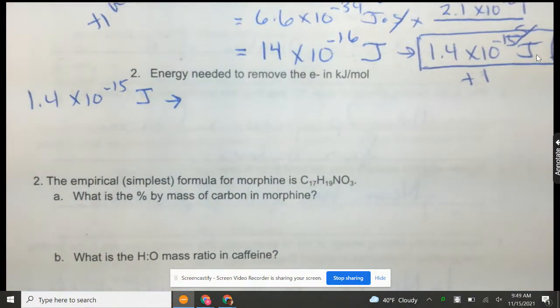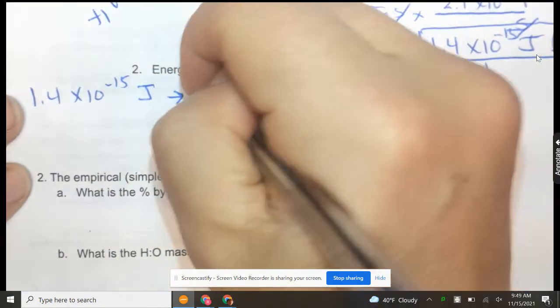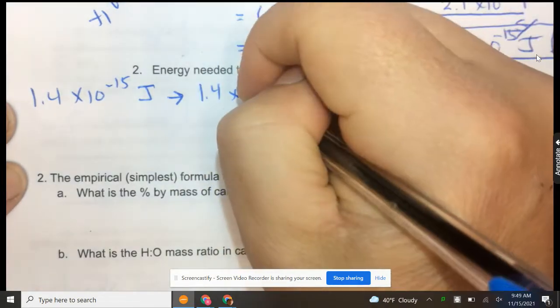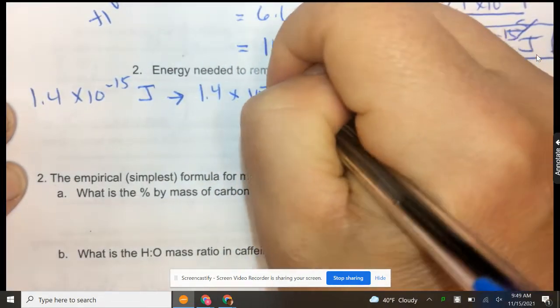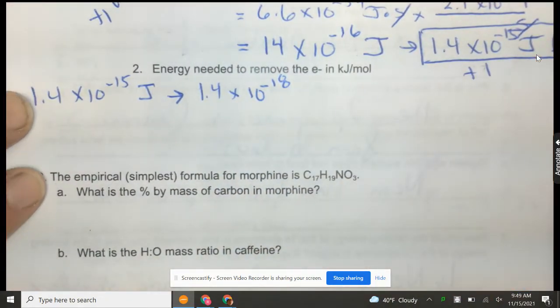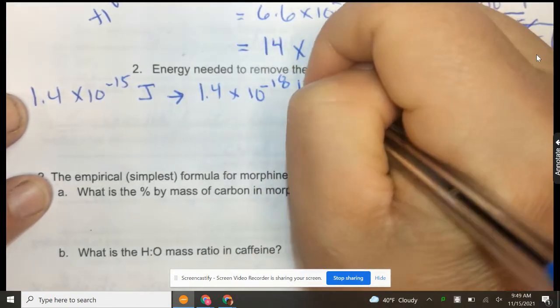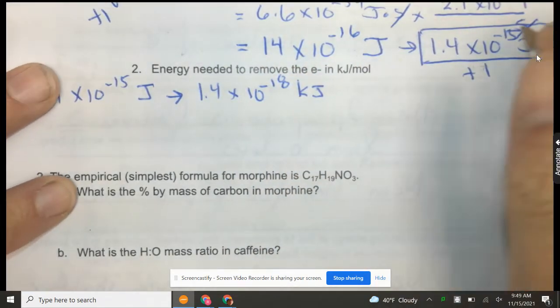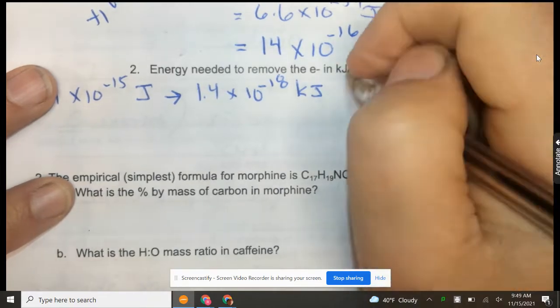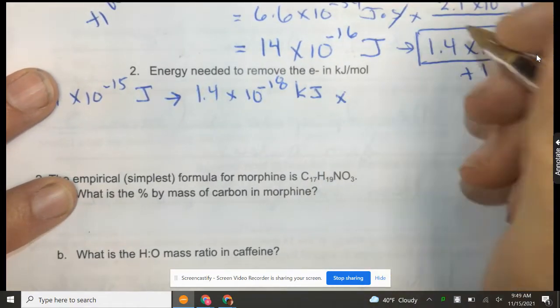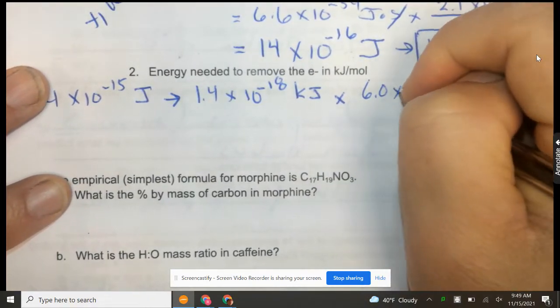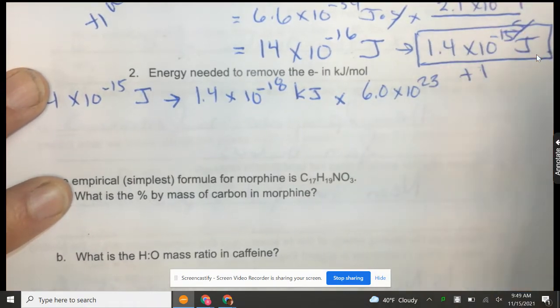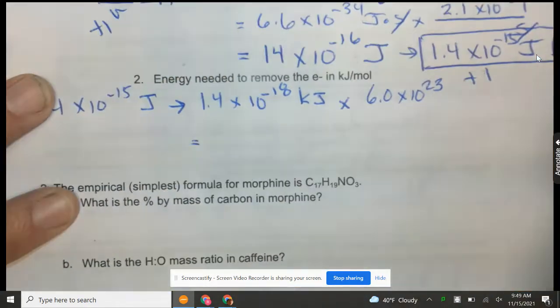Since kilojoules are bigger, there's always going to be 1,000 less of them than there are joules. So I'm going to divide this by 1,000, which is the same as making it 3 powers of 10 smaller. Now, this is for an individual electron. If I want it for a mole of those, there are 6 times 10 to the 23rd electrons in a mole.